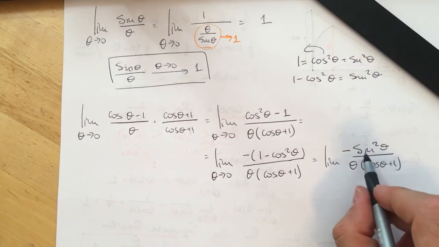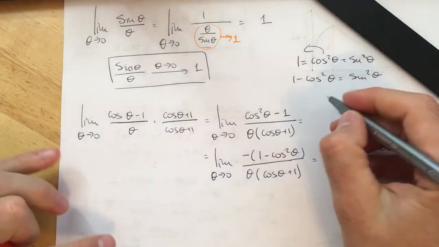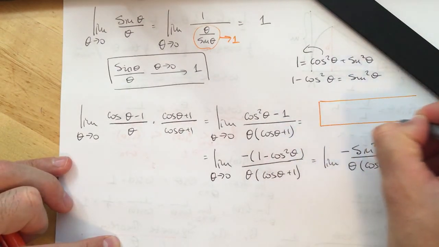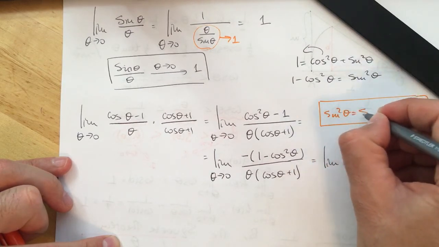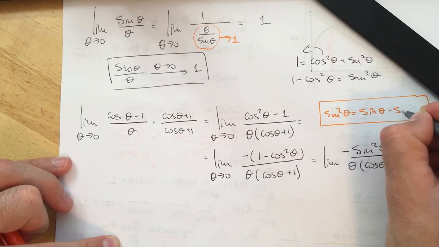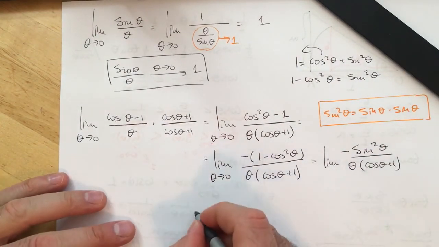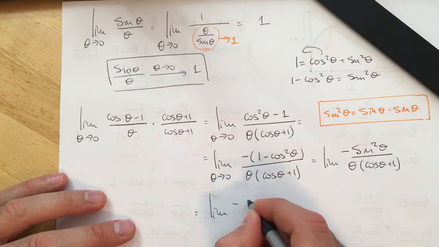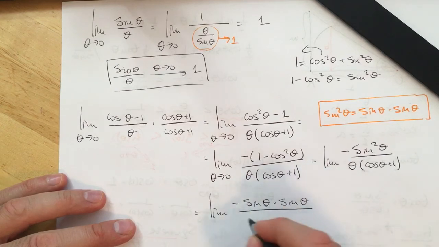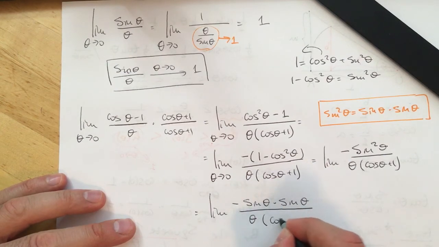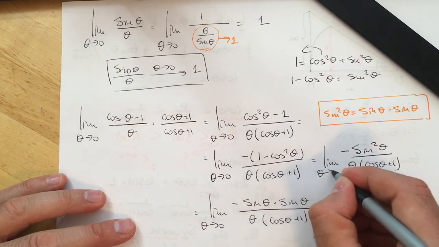Make sure that you understand where the exponent comes from: when you see sine squared theta, this means sine of theta times sine of theta. And here I have the limit of negative sine theta times sine theta over theta times cosine of theta plus 1 as theta goes to 0.